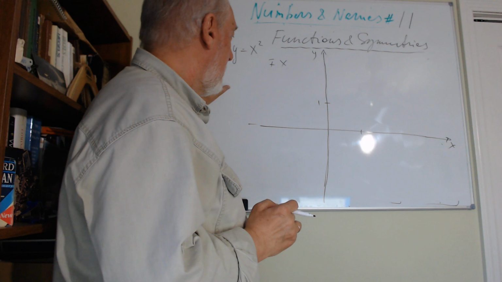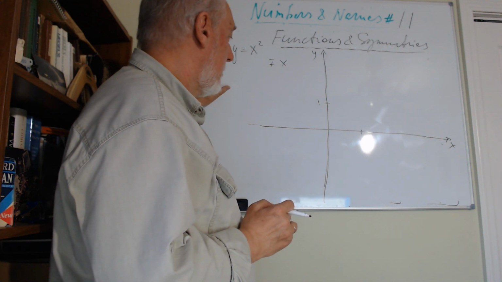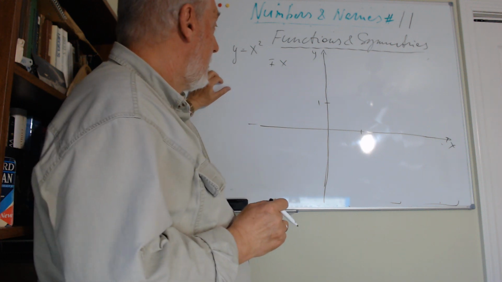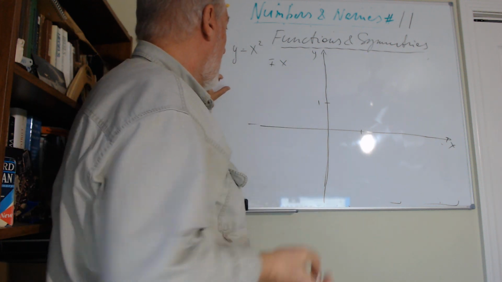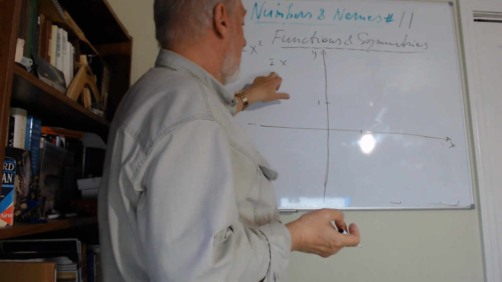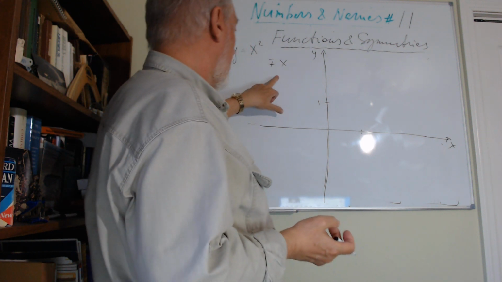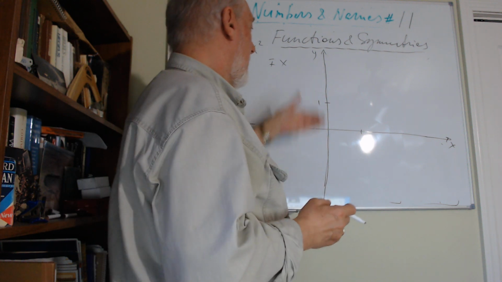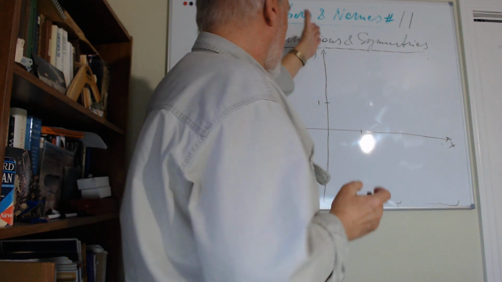We change x from minus to plus, or plus to minus, and we have symmetry against y. And if we were talking about symmetry against the x-axis, where do you think we should change the sign?